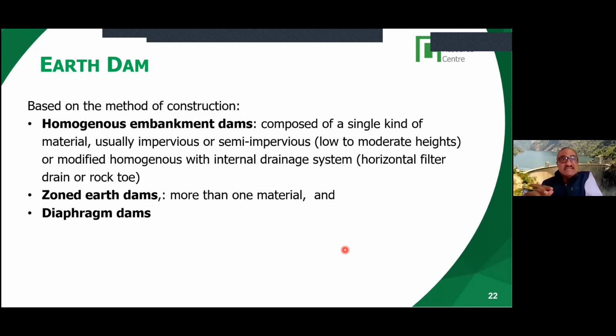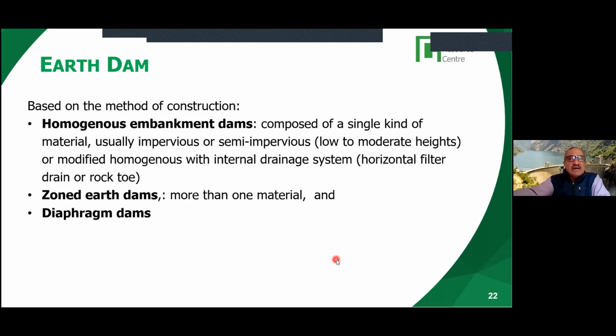I will explain what these are in the next slides. And the other type is zoned earth dams with more than one material, and diaphragm dams. Actually, the categorization is not basically method of construction, but the materials used.